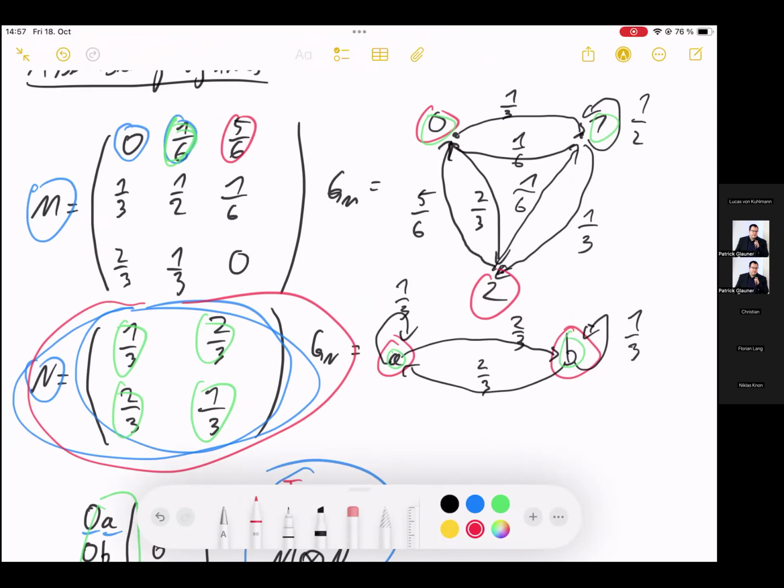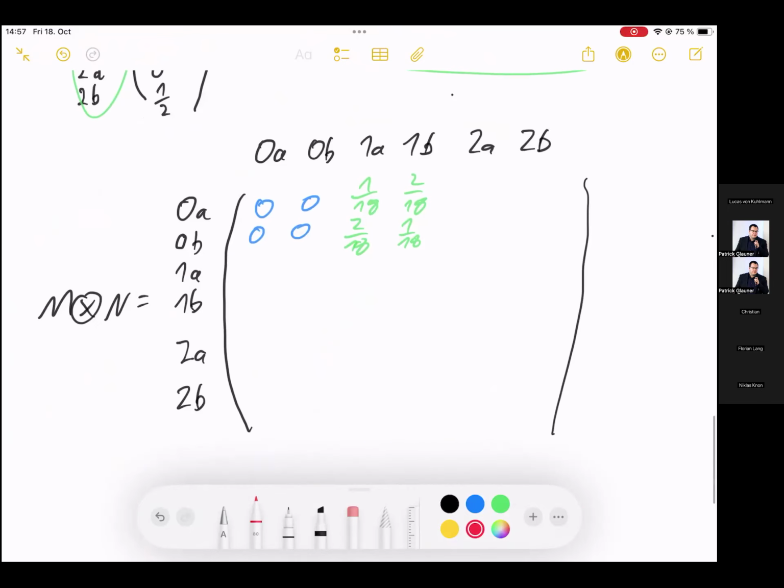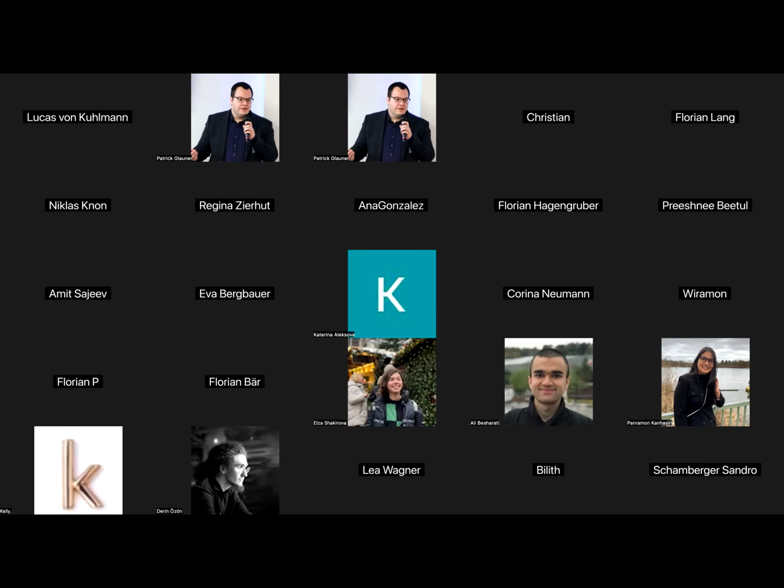The last 4 entries are fairly easy because there's a 0 here. So 0 times this 2 times 2 matrix. That means we have 4 zeros down here. And all these other elements are your homework to try out and see this as an exercise to become more comfortable with the tensor product.